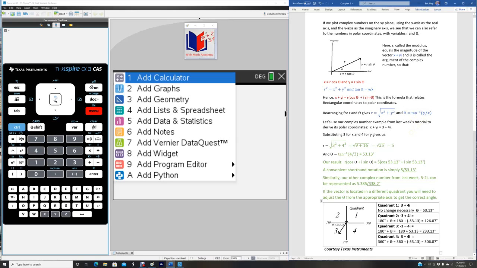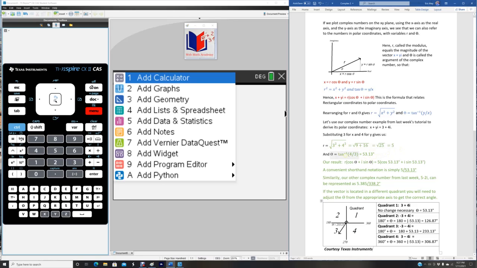So let's use our complex number example from last week's tutorial to derive its polar coordinates. Remember that we had x plus yi equals 3 plus 4i, where x equals 3 and y equals 4. Substituting 3 for x and 4 for y gives the following. R equals the square root of 3 squared plus 4 squared equals the square root of 9 plus 16 equals the square root of 25, which simply equals 5.